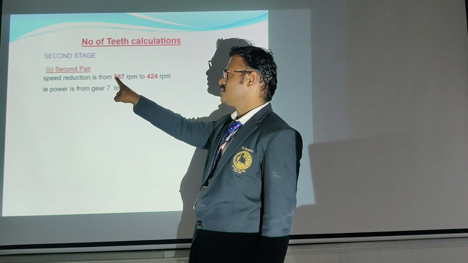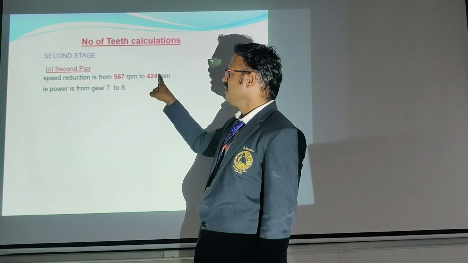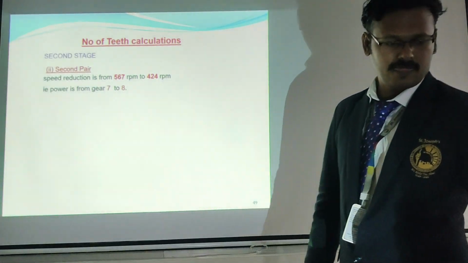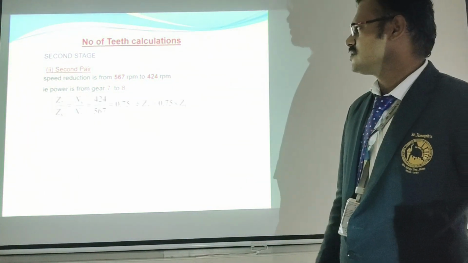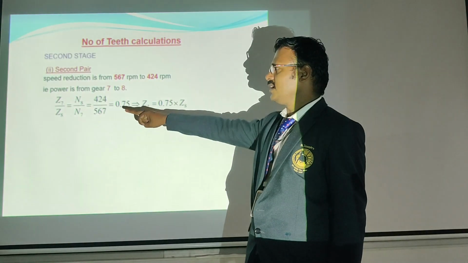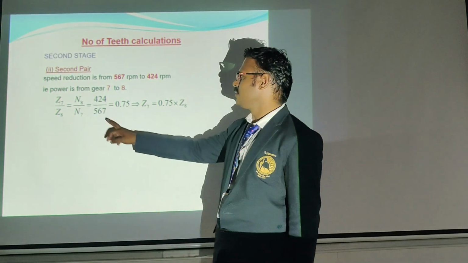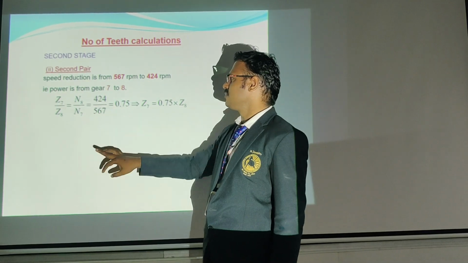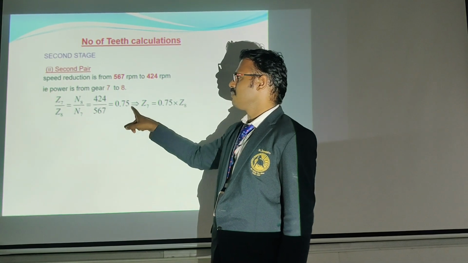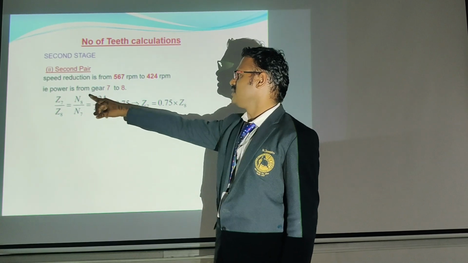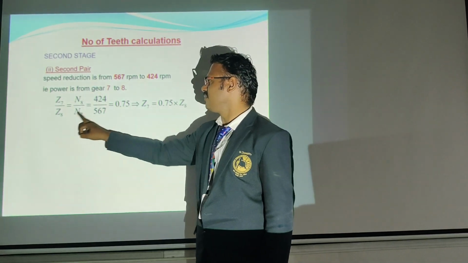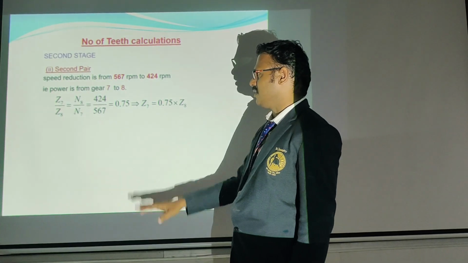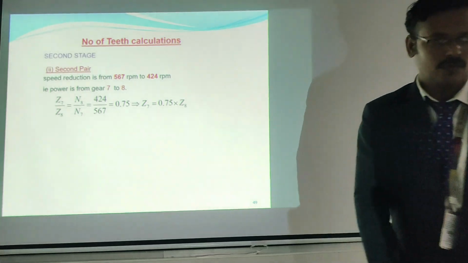N7 will be 567, N8 will be 424. I have to substitute now. So N7 we know is 567, N8 we know is 424. So that value is 0.75. So Z7 equals 0.75 times Z8. Already we know one formula.